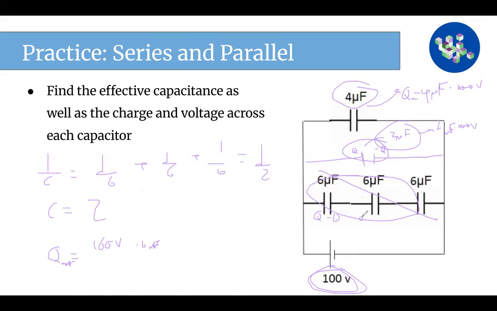So this is also Q, this is negative Q, and so on. So this quantity, 2 microfarad times 100 volts, is the same as the charge on each capacitor. After you find the numbers, you can find the charge and voltage across each capacitor.